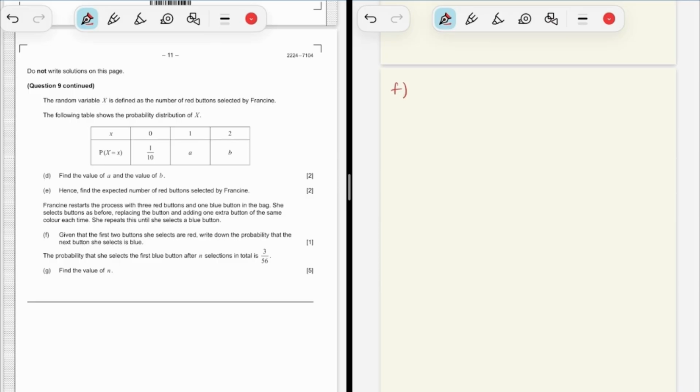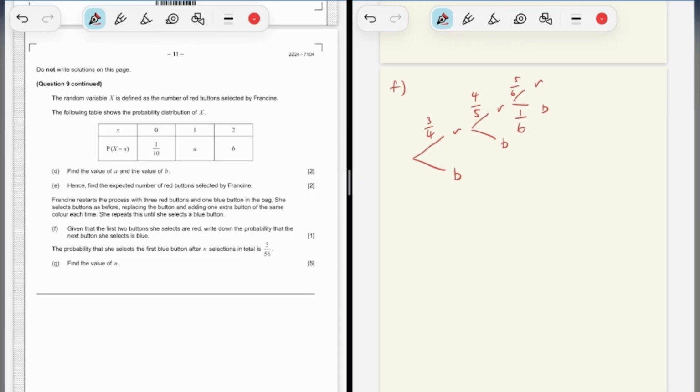And so this could be seen through the previous graph given, where red, blue, 3/4, where after drawing a red a second time, the probability of drawing another red for the third time is 5/6, because the person adds another red button after drawing.